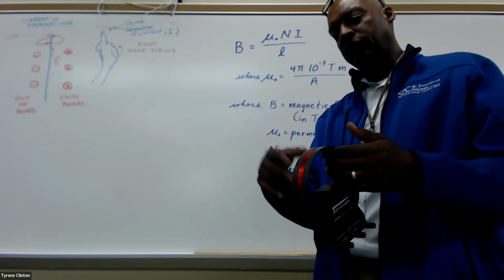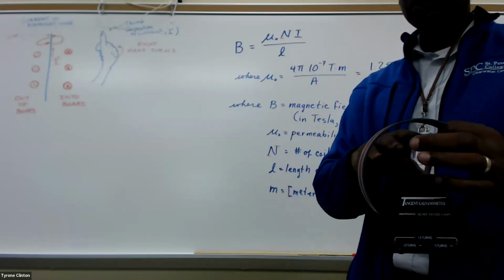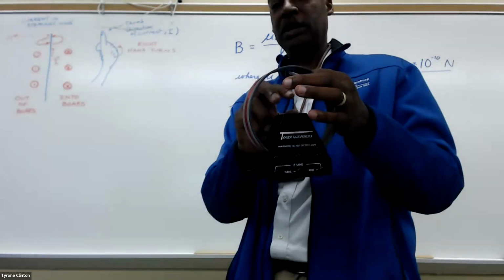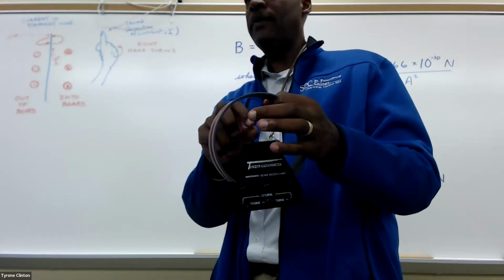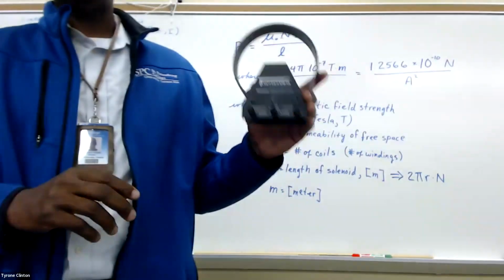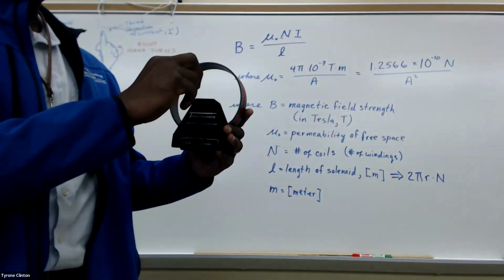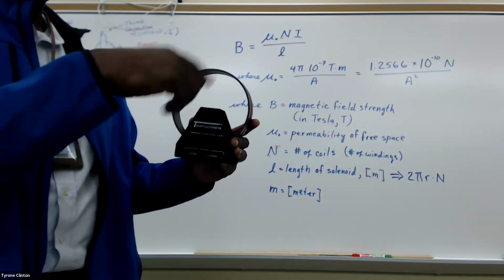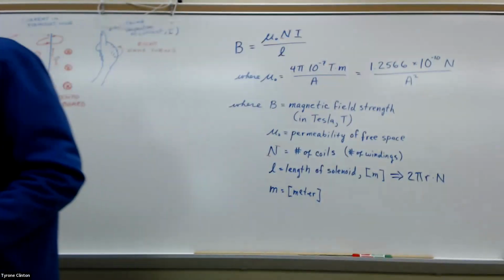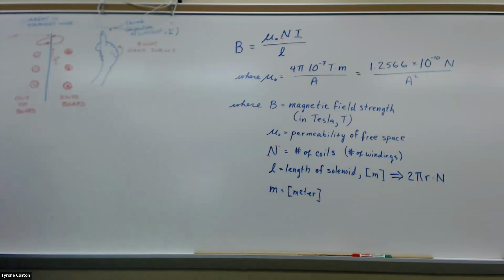We apply a voltage to this, which creates a current, and we can produce a magnetic field within here. And on top of that, we figure out the magnetic field of the Earth. It sounds a little complex, but it's not really. Once we produce a magnetic field, the compass we put inside here doesn't work.